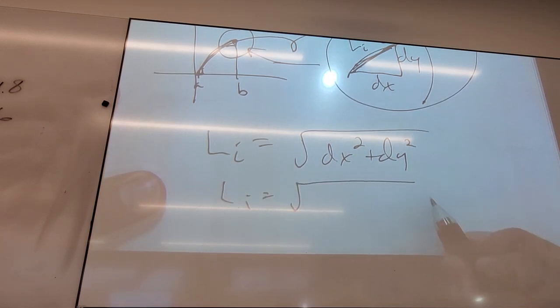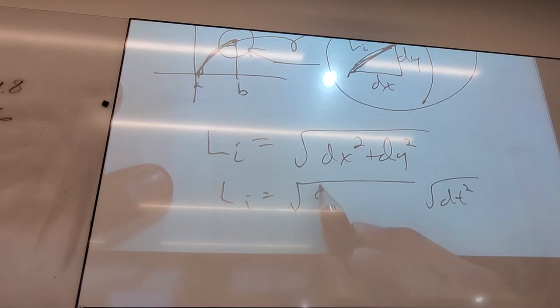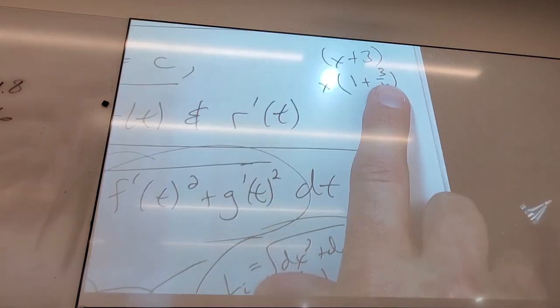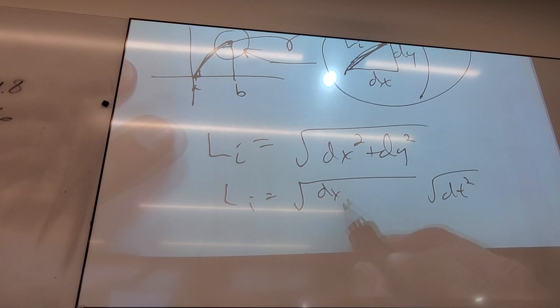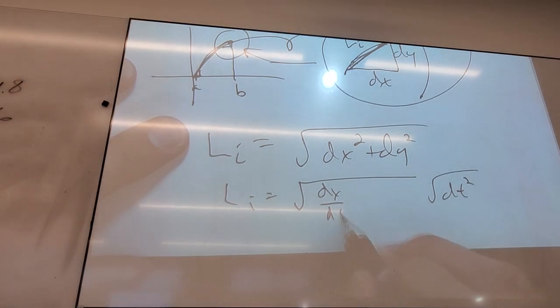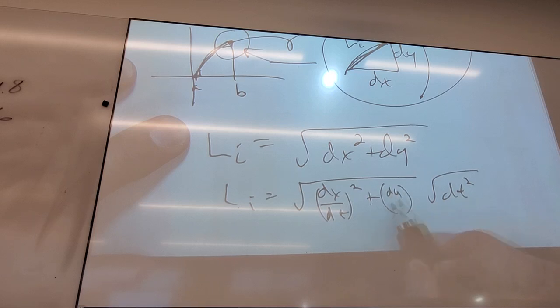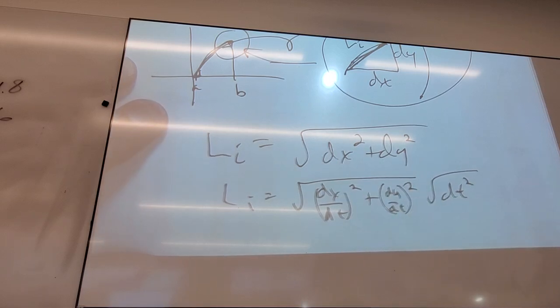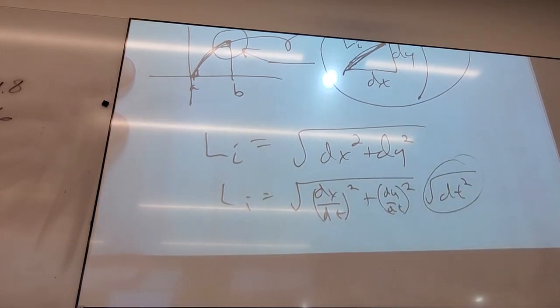So if I factor a dt squared, what happens to each one of these? Same way that had to happen to this poor little dude, yes? What happens? Yes? And of course, what's the square root of dt squared?